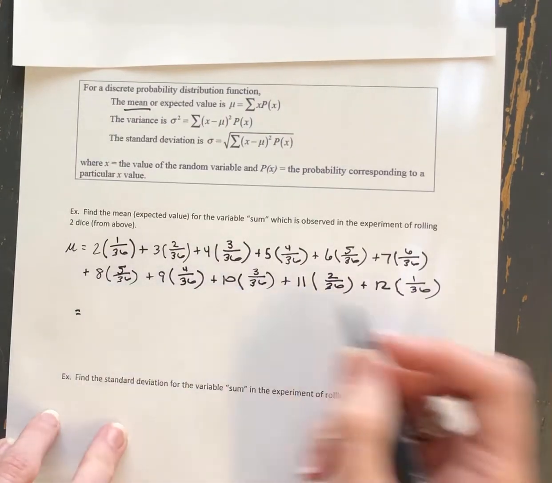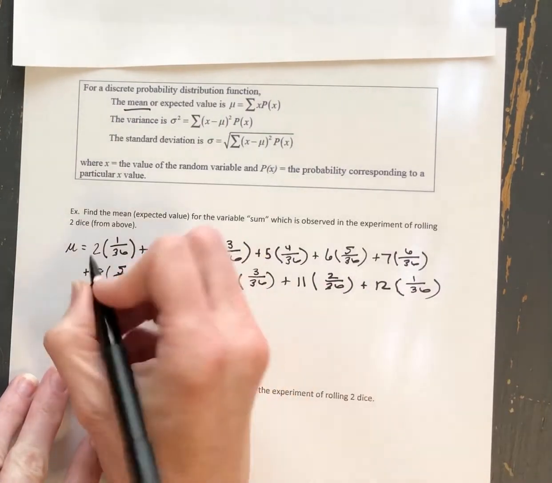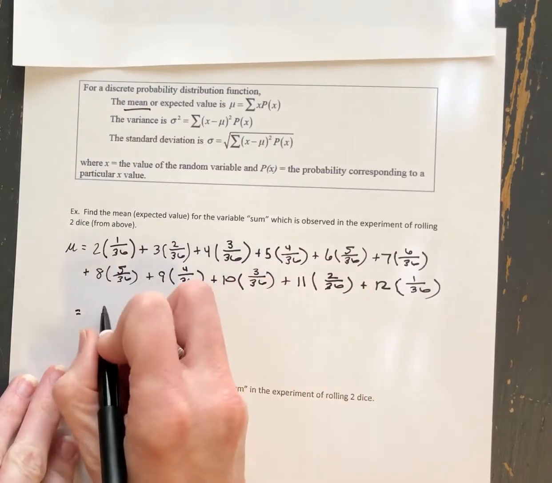If we go through and try and find this mean, 2 times 1 out of 36 is 2/36.